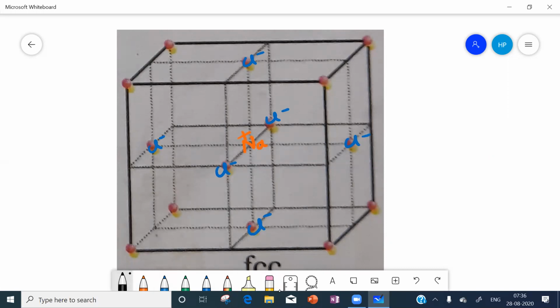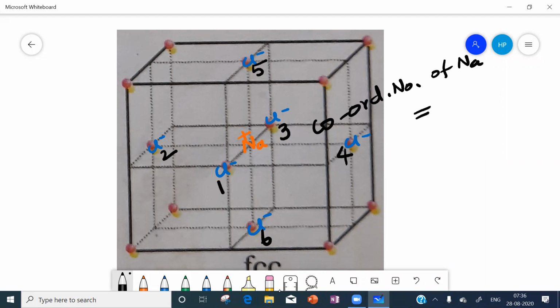This Na plus is in contact with first Cl minus, second Cl minus, third Cl minus, fourth Cl minus, fifth Cl minus, sixth Cl minus. So what is the coordination number of Na plus? Na plus is in contact with how many Cl minus ions?